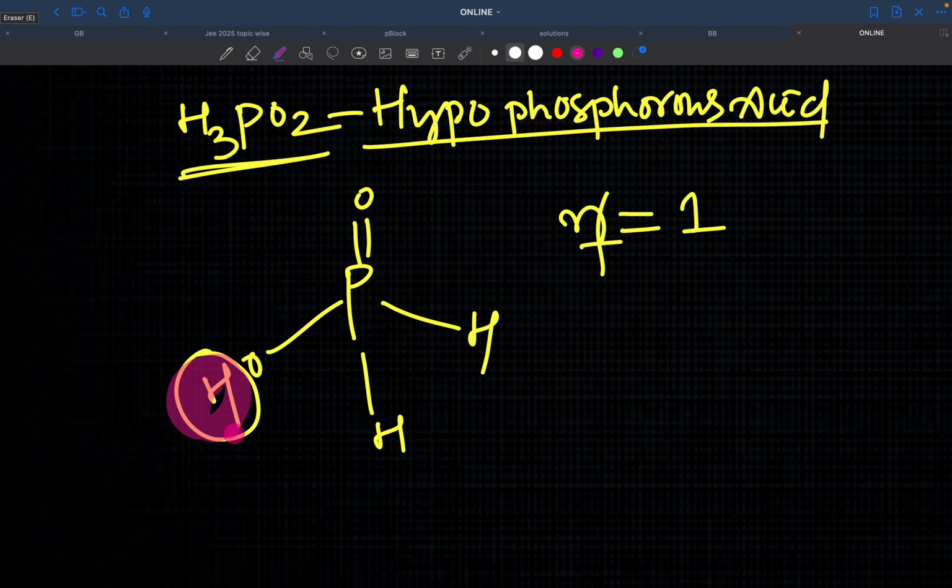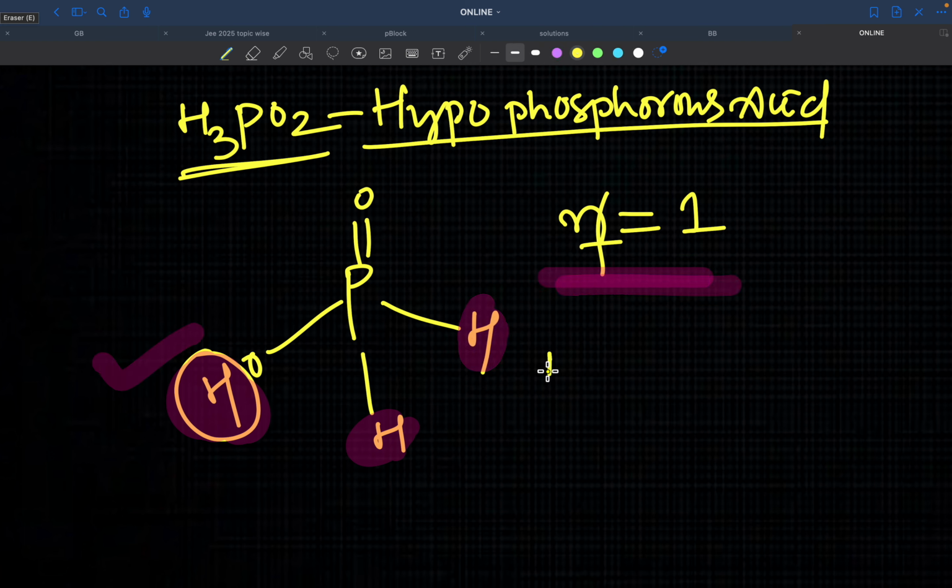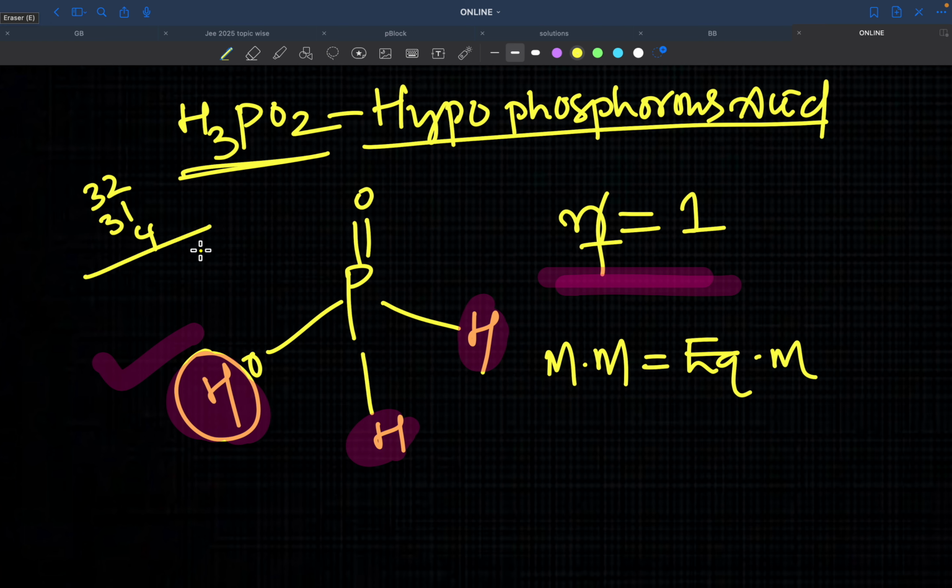This hydrogen is not replaceable, this hydrogen is not replaceable, only this one is replaceable. So the molar mass equals the equivalent mass; both come out equal. The molar mass is 32 plus 31 plus 4, which is 67.